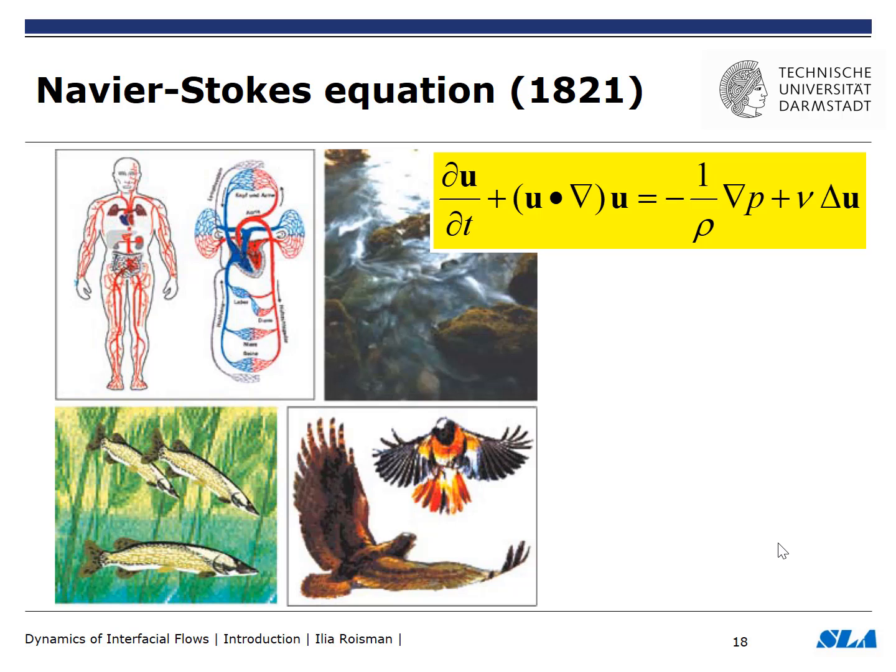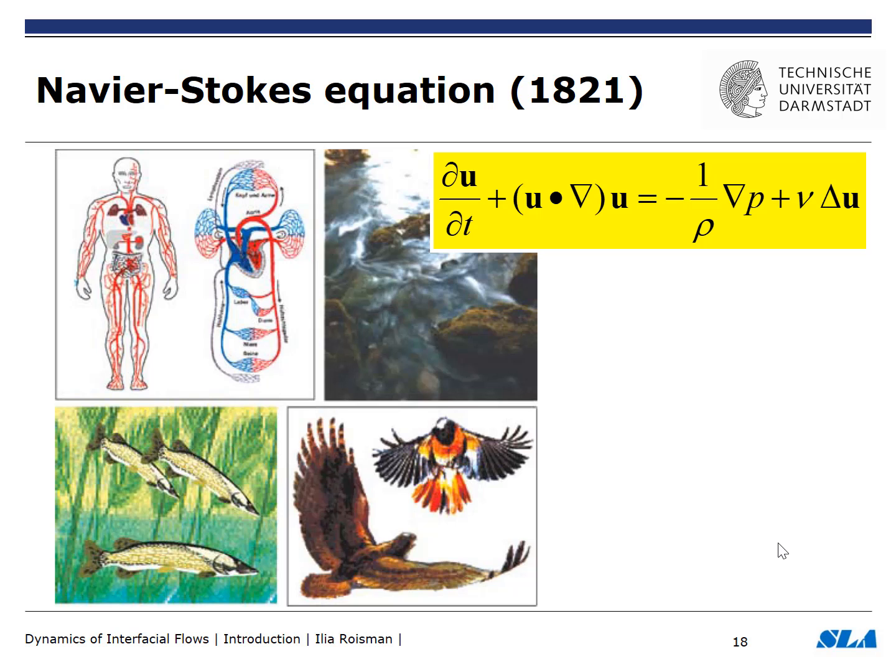For example, flows related to our health, flows related to the motion of animals, of fishes or birds. Actually, the people who pay for the study are the military. Engineers develop devices which imitate flows of natural objects. All these flows are computed using the Navier-Stokes equation.